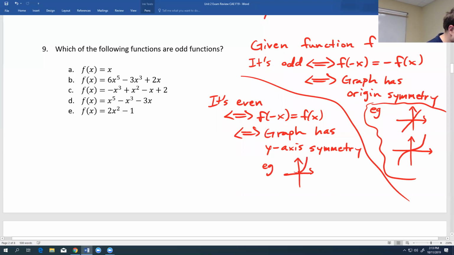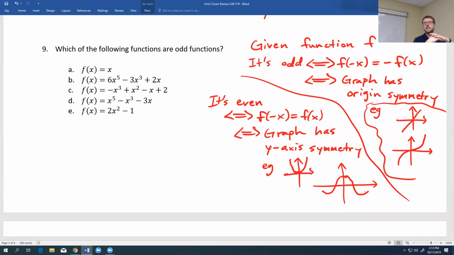So if you fold it along the y-axis, it overlaps itself. For origin symmetry, you fold it, and then you fold it again, and everything overlaps. For y-axis symmetry, you just fold it along the y-axis, and it overlaps. If they give you a picture and you're trying to eyeball it, that's how you think about it.